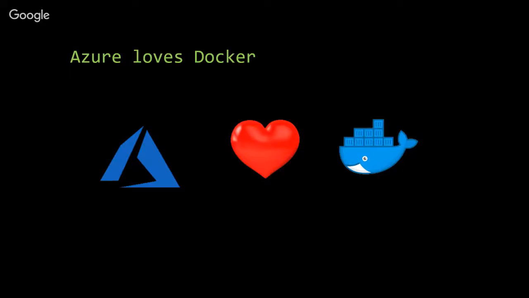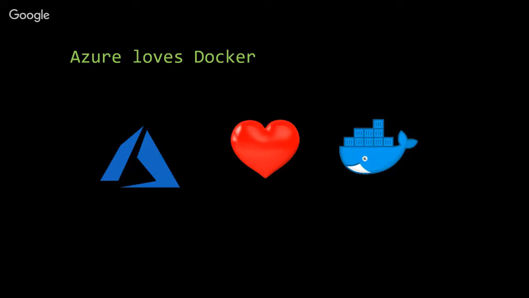So Azure has really grown up a lot over the last couple of years. And they recently came out with some really strong Docker support. They now have the Azure Kubernetes service. And again, Kubernetes is a Docker orchestrator. What that means is that it will handle all of your Docker containers and the load balancing and the scaling, the auto scaling and all that kind of stuff can be handled by Kubernetes.